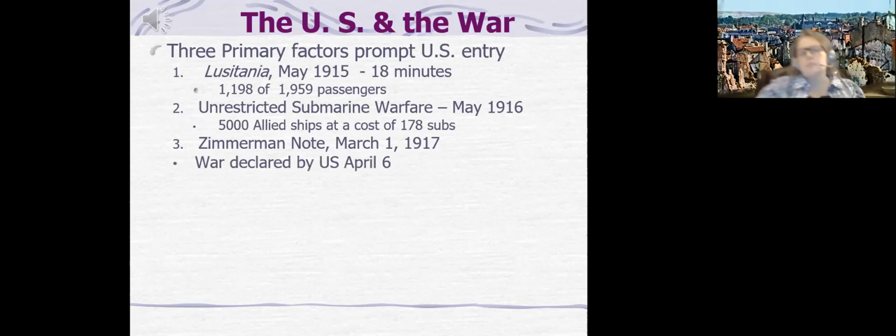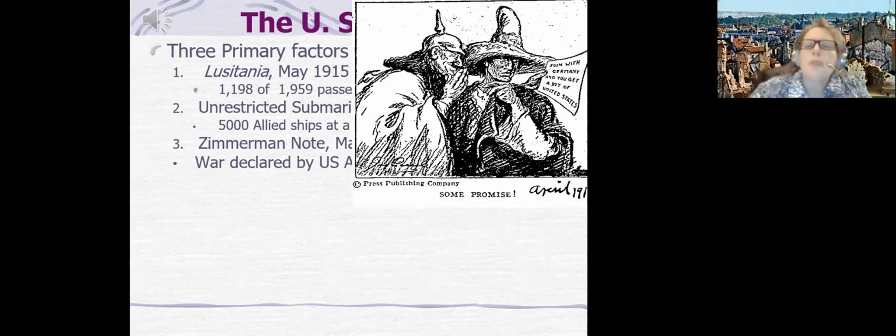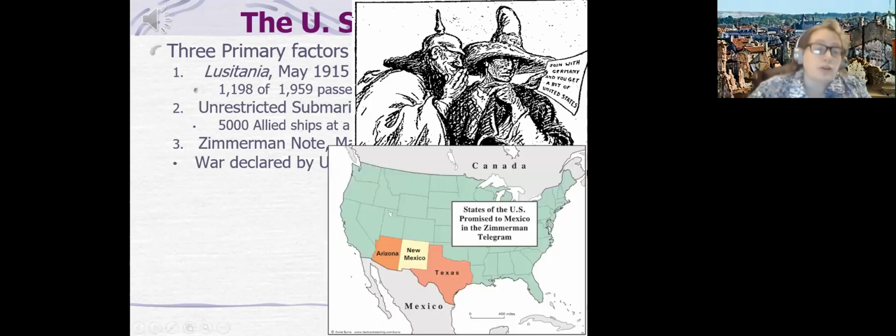And so the Zimmerman note is a note from the Germans to the Mexicans that is intercepted by the British. And the British actually get the translation and the decoding of the message to the Americans before it actually gets to the German ambassador in Washington over this.